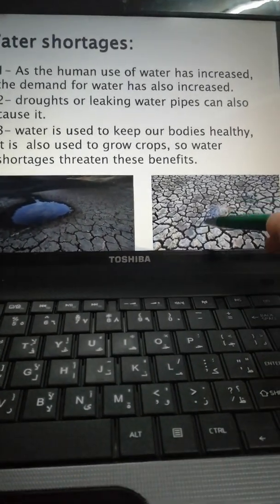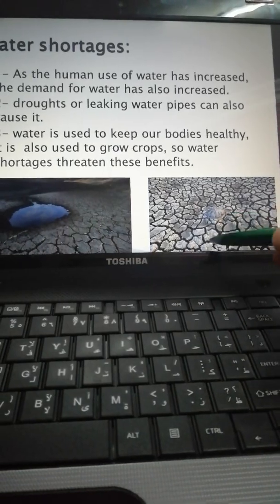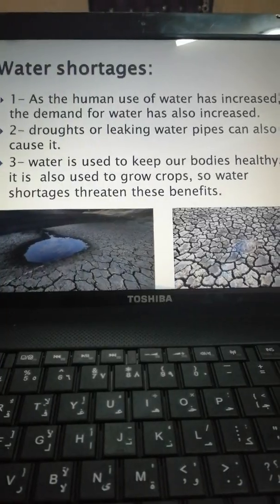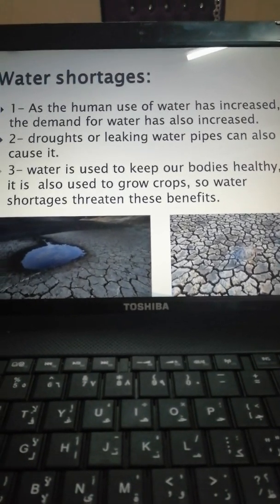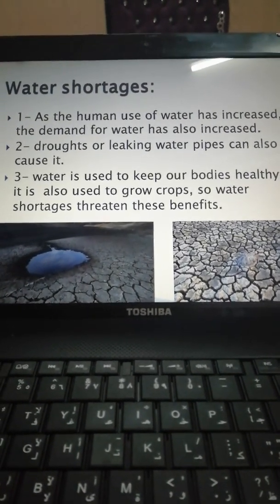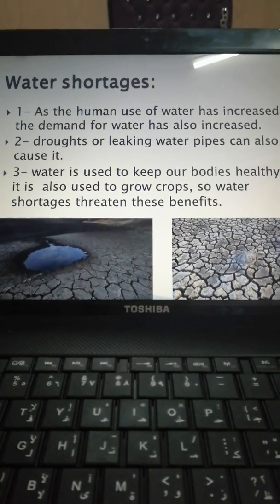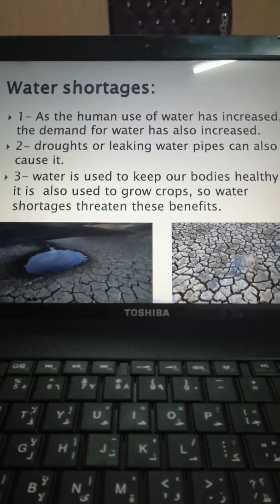Drought, like this picture, there is no water. Droughts or leaking water pipes can also cause water shortages.